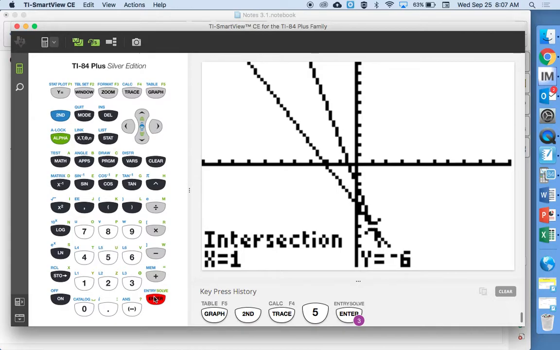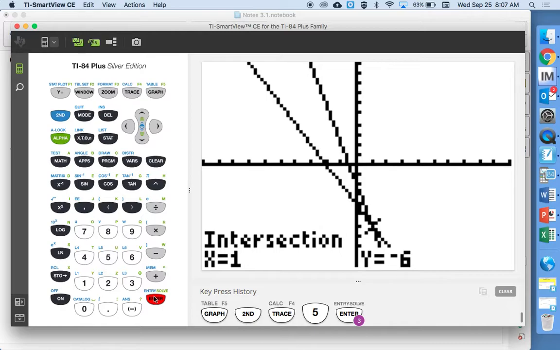So either way works, except if it isn't at an exact x value, then you have to use second trace. So if the x value is an exact number, a whole number, then you don't have to worry about it. Okay, so go second y equals. Hit number 4. Hit enter. And then graph it again.